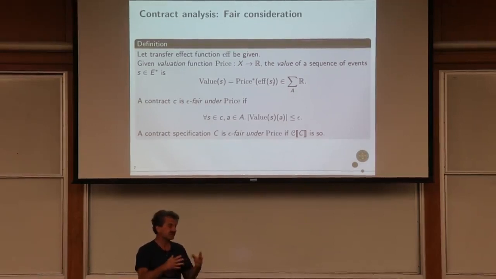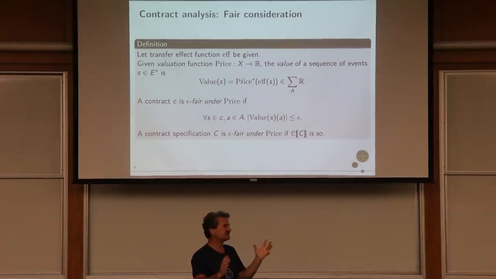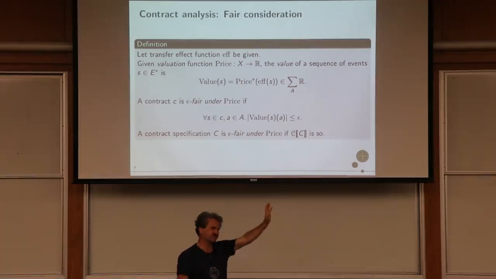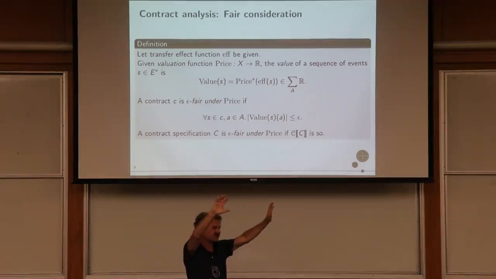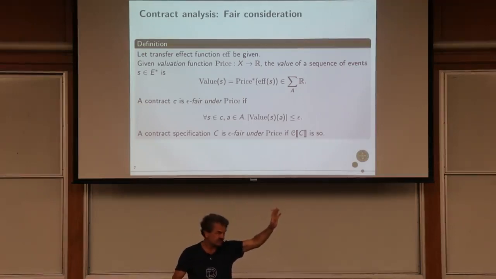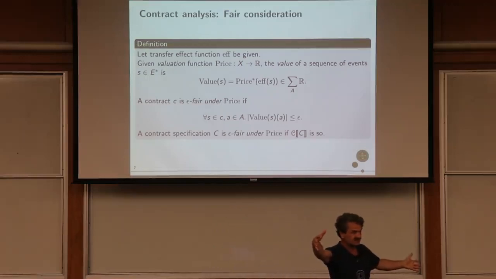That's the effect of that particular sequence. A single transfer, remember, gives for every agent a resource. Then we can map the price function over the resources, and we get a map that takes each agent to a dollar amount. So given somebody gives me a price, I can then value any given event sequence.